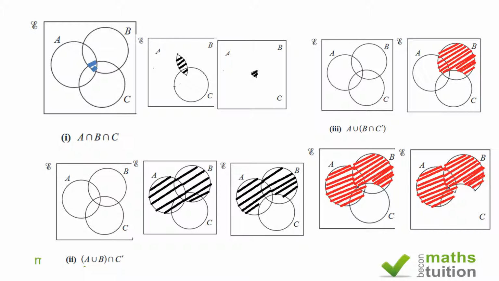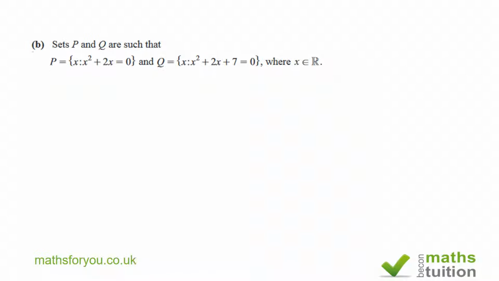Okay, now moving on to part B. It says P and Q are such that P has x values that solve the equation x squared plus 2x equal to 0, same for set Q, and your x values have got to be real numbers. So we want to find the number of x values that solve x squared plus 2x, and the values in x squared plus 2x plus 7, if any.